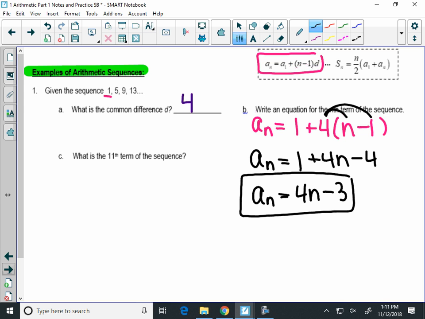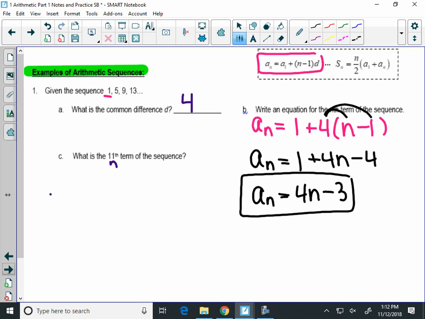So from that formula, I can find any term that I want. Right now, they want us to find the 11th term. But I could find the 500th term using that if I wanted to. So the 11, that is the n when I use the formula. The 11 is the term number that I'm looking for. So I'm going to put 11 in for both of the n's here.